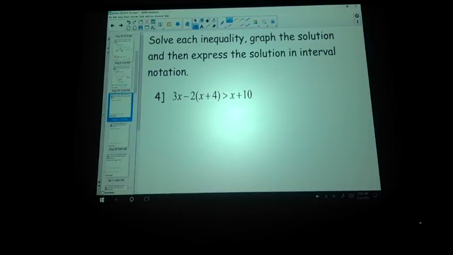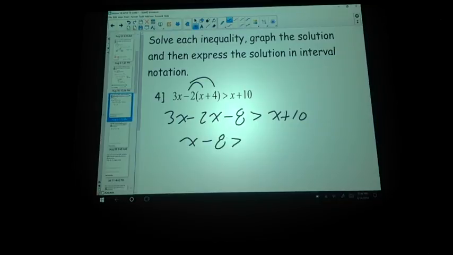Distribute -2 to both. I think we're okay with this. If I ever cover something and I go too quickly, please have me slow down. Is that appropriate?